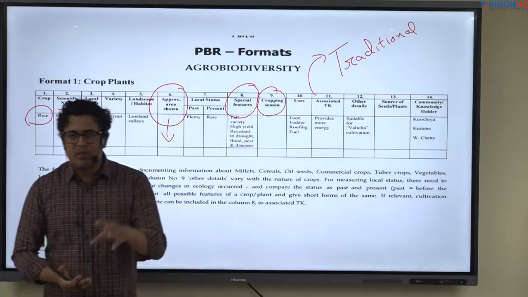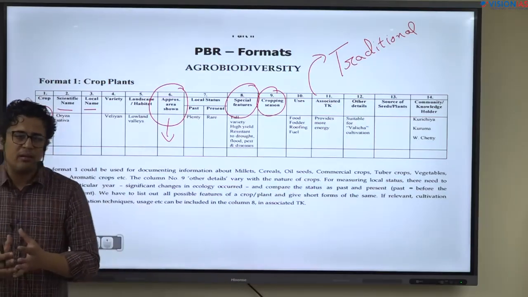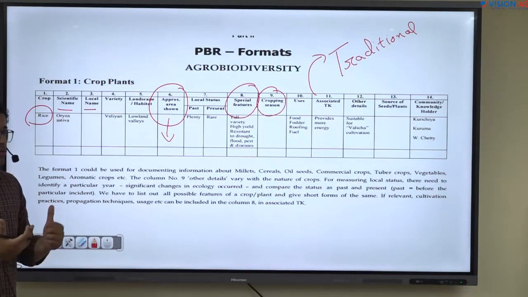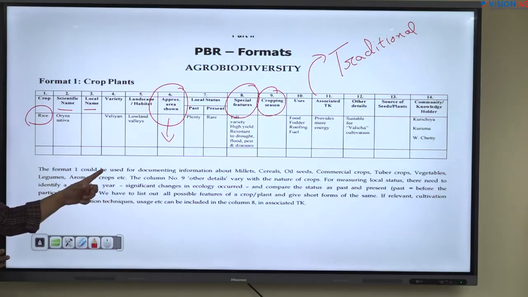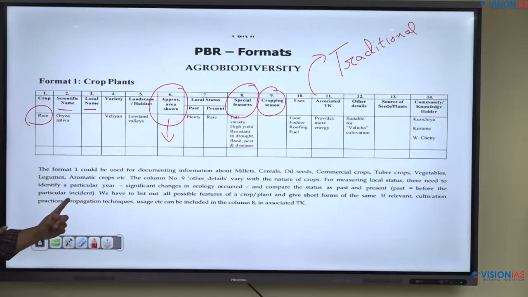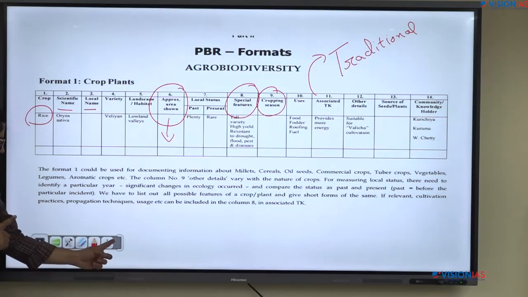Is there a special, unique method in your area by which you grow this crop? Is there a special usage that you know about this crop? Write that. So do this for every crop. So just understand how much detail you have to put in this form. And this is just one form. There are many forms like this which you need to fill for the register. You need not remember this, just for your understanding.